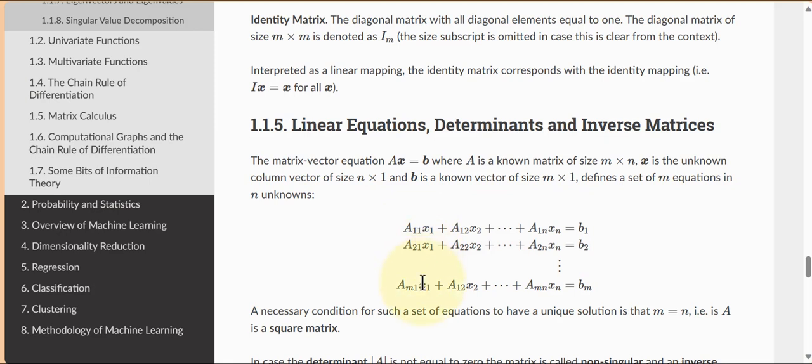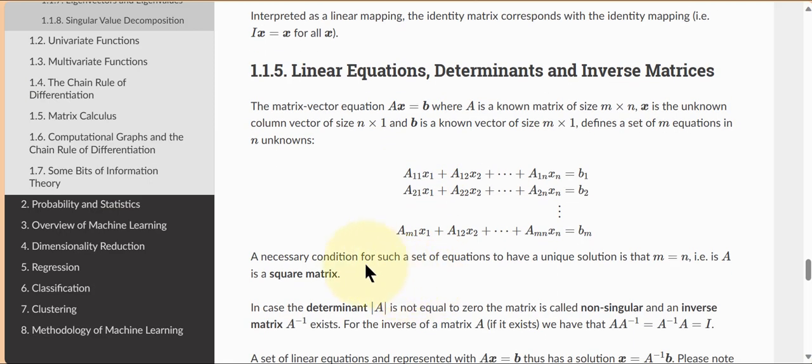Okay. Now the next thing here I think is not true actually. I haven't thought about it completely, but it looks like it's wrong to me. A necessary condition for such a set of equations to have a unique solution is that m equals n. So he says that m has to equal n, that is the number of terms here and the number of equations have to be the same, but I don't think that's right.